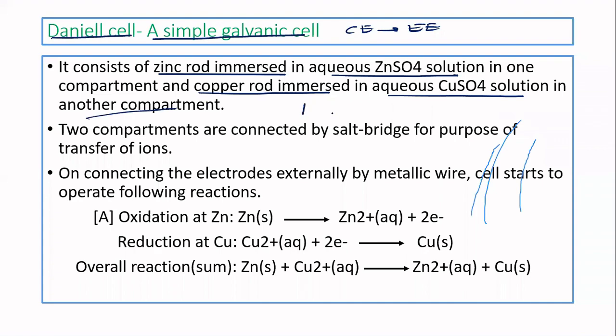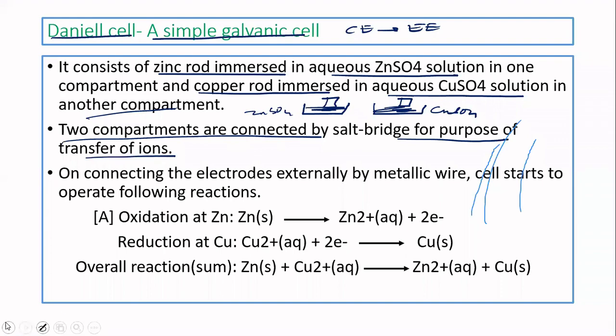That means you have to take two compartments. This is one compartment and this is the other compartment. Here you have to use the zinc rod. Here you have to use the copper rod. Here you have to take the zinc sulfate solution and here the copper sulfate solution. And the two compartments are connected by a salt bridge for the purpose of transfer of ions.